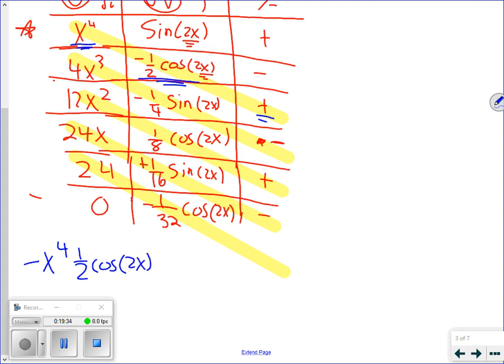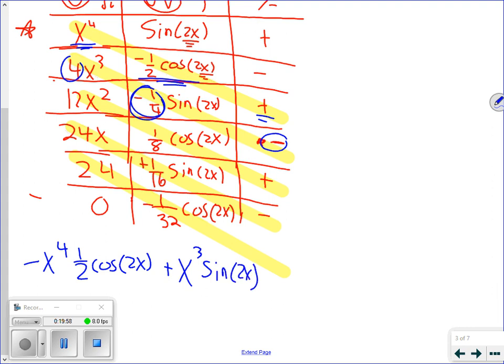The second diagonal is the 4x cubed times the negative 1/4 sine of 2x times the negative. Negative times the negative makes it positive, and the 1/4 and the 4 just become 1. So really what I'm left with is x cubed sine of 2x.